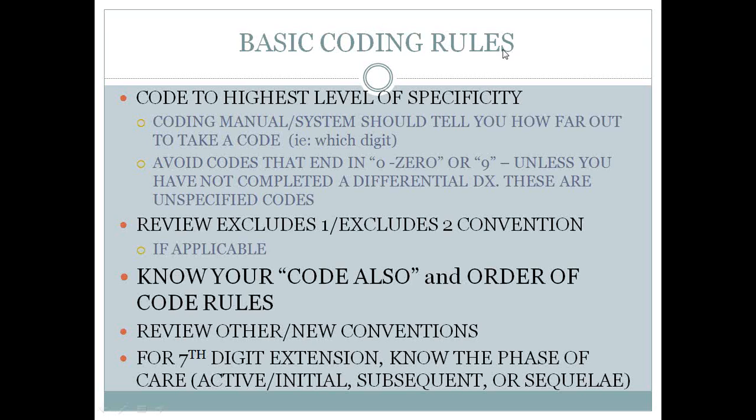So if you are a practitioner that utilizes multiple diagnosis codes, you're going to need to know, number one, what the order of those codes are. Number two, what codes can and cannot be coded together. And those are called the Excludes 1 and Excludes 2 conventions.